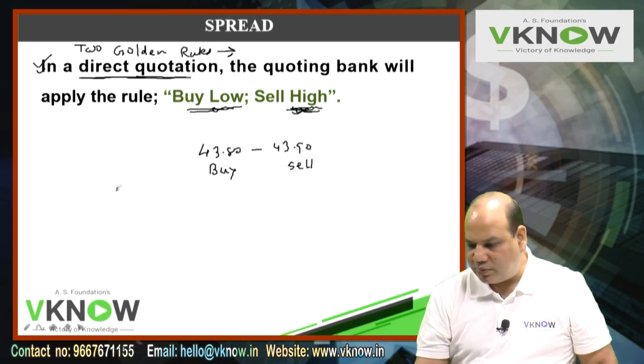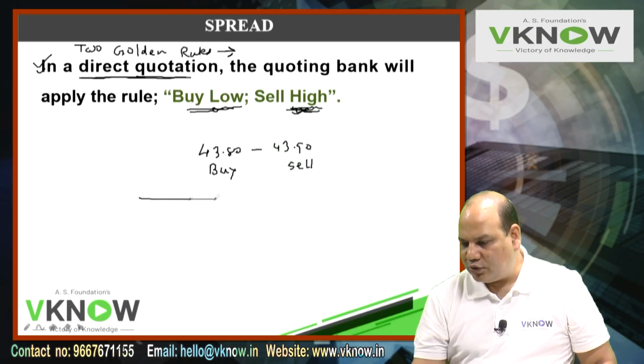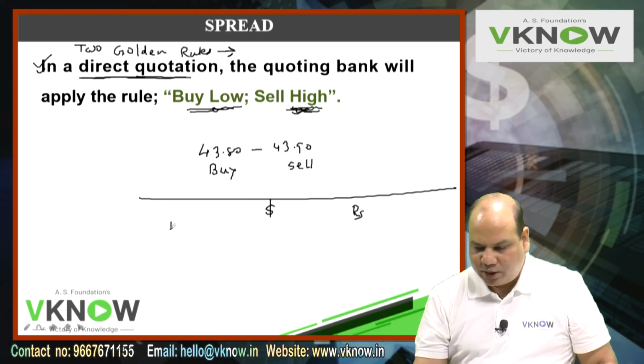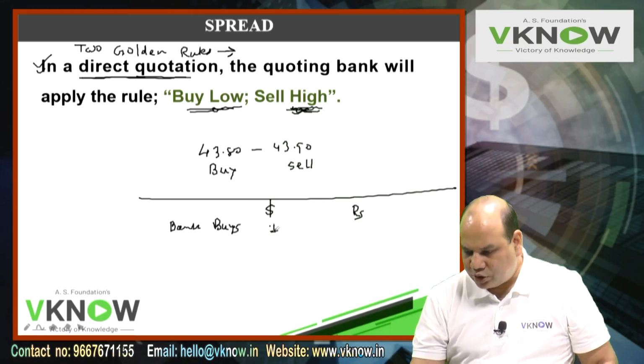For understanding purpose, let us see the inflow and outflow of the bank. So here the bank buys dollar. When bank buys dollar, dollar comes in, rupees go out, so outflow. Bank sells $1.